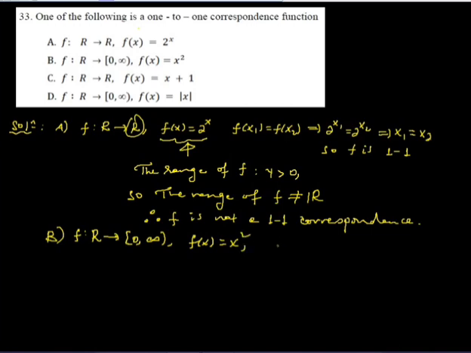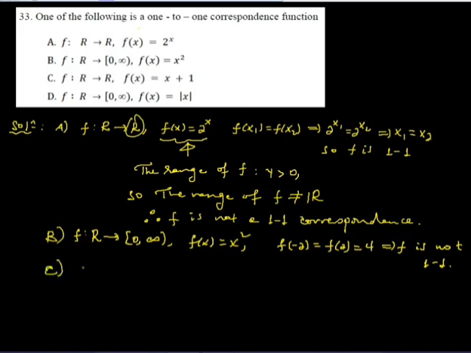So here we can see that f of minus 2 and f of 2 are the same, which is 4. So two different first entries are mapped to the same second entry. This implies f is not one-to-one, so B will not be the choice.